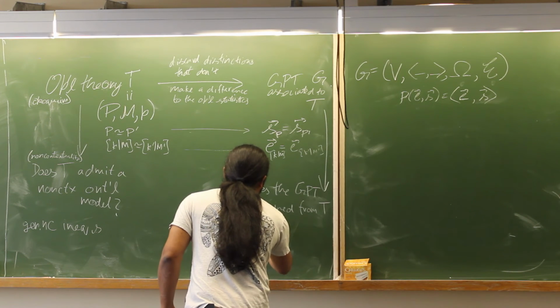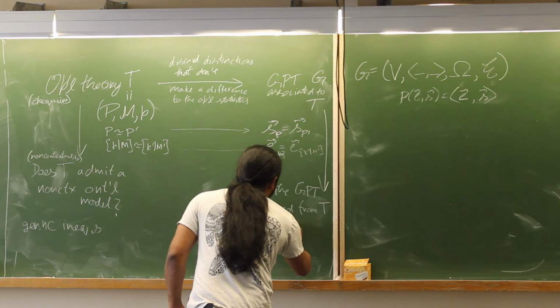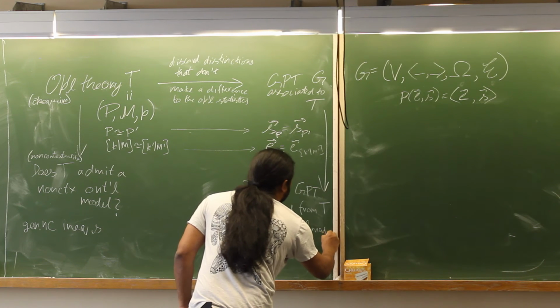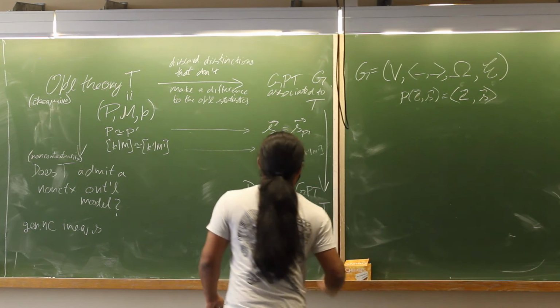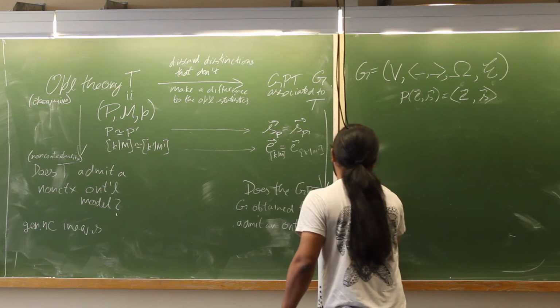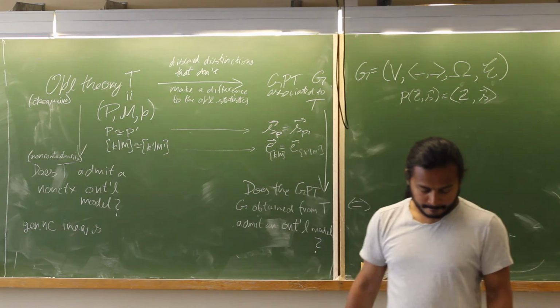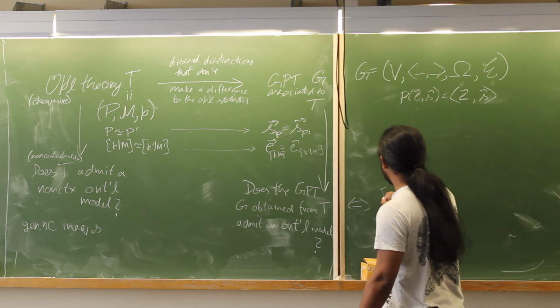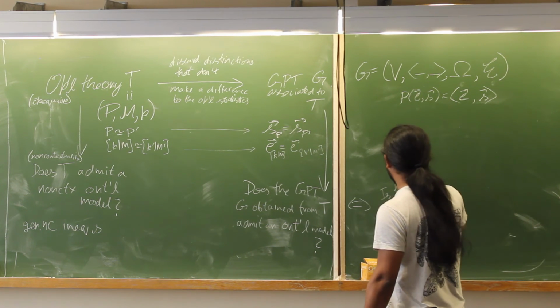Yeah, that is true, but you still need to prove the equivalence. I'm not sure, but I would assume that from any operational theory you can get a GPT that preserves everything that you want to preserve, at least I hope so. Yes, I guess so.